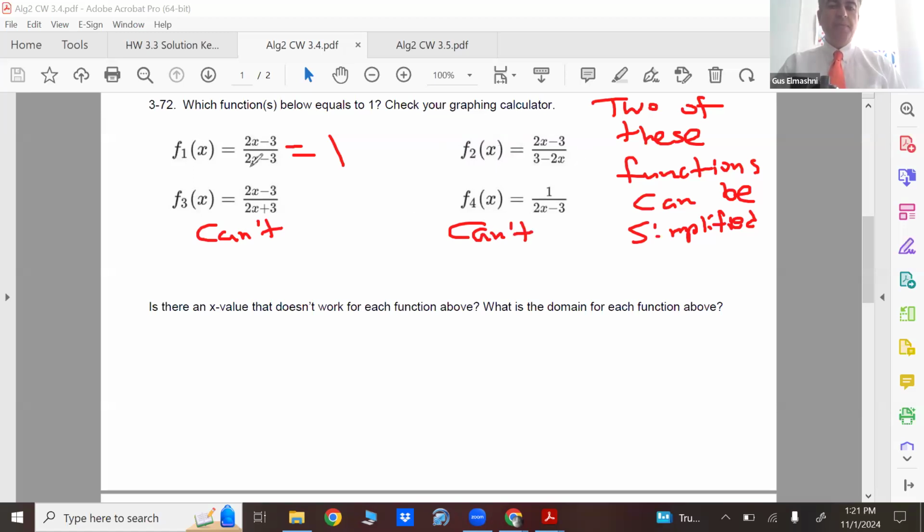That's going to equal -1. And why is that? Yeah, exactly. Oh, it's negative 2x. Yeah, what happens is this. You have 2x minus 3. And I can factor out -1 from the bottom.